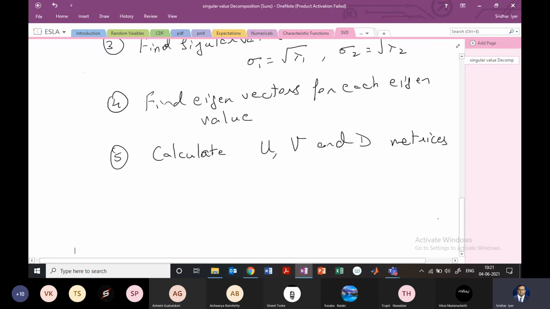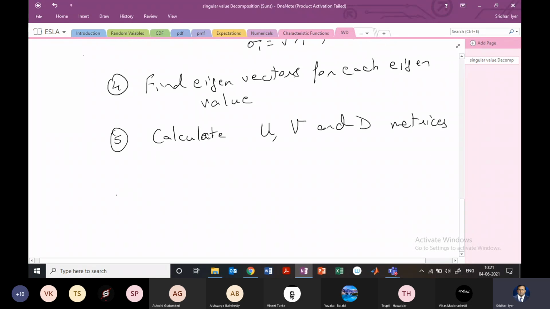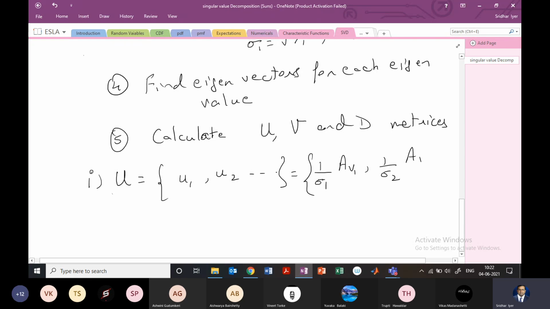Okay, so how do we calculate these U, D and V matrices? So we'll go step by step. Let me write this. First, U will be of the form U1, U2 and so on, right? And this will be found as 1 by sigma 1, and sigma 1 is root lambda 1, where lambda is the eigenvalue, right? So 1 by sigma 1 A V1, 1 by sigma 2 A V2.